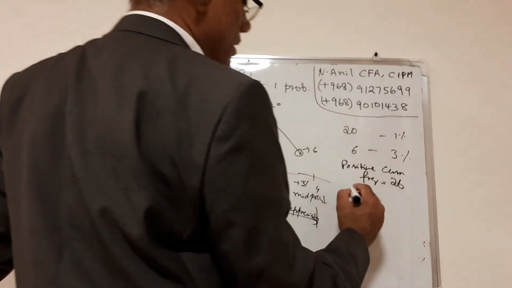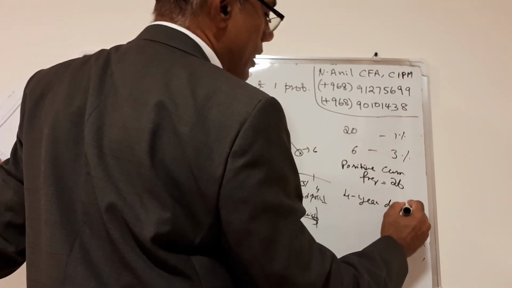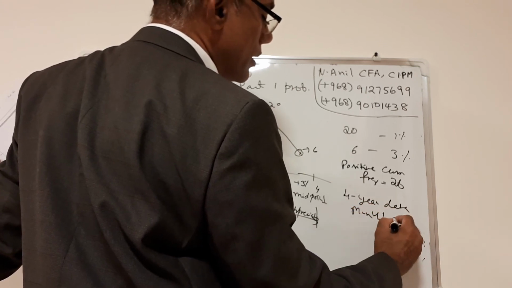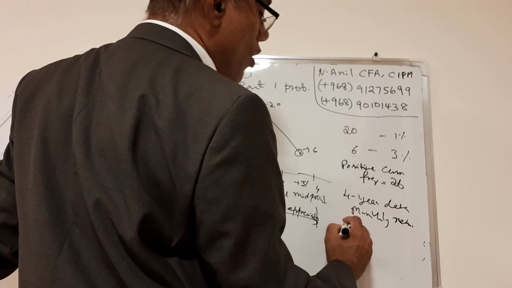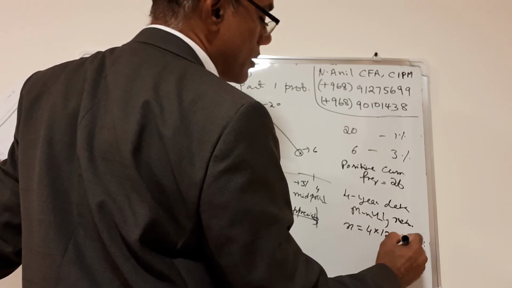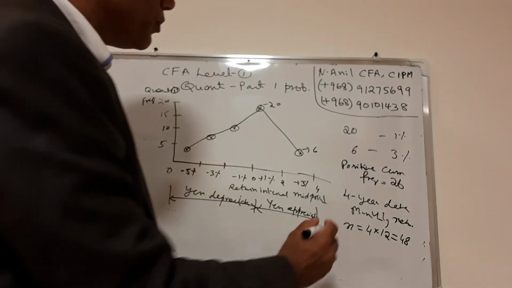This is over 4 years of data, and each one is a monthly return, so n is equal to 48 months, 4 years with 12 months each.